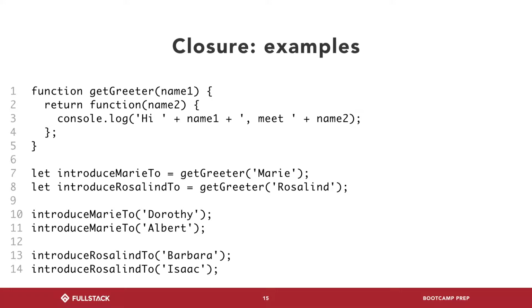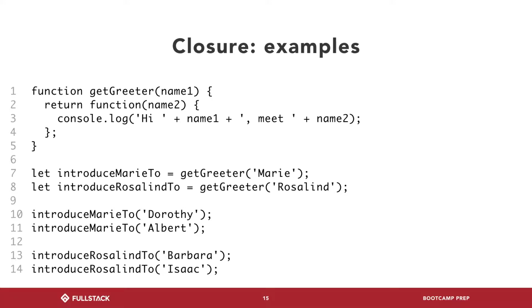These anonymous functions do the same thing, but they're different. They have no relationship to one another. Remember how I said a function's scope is determined based on when the function was created? When this function on line 7 was created, name 1 was Marie.